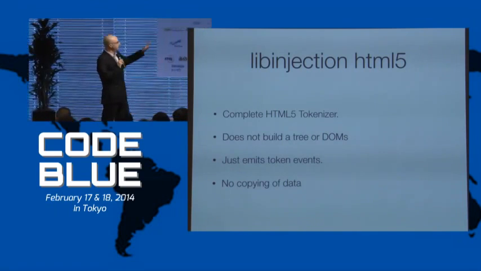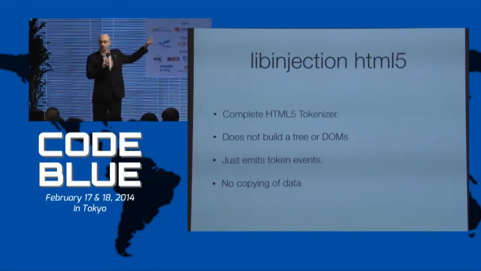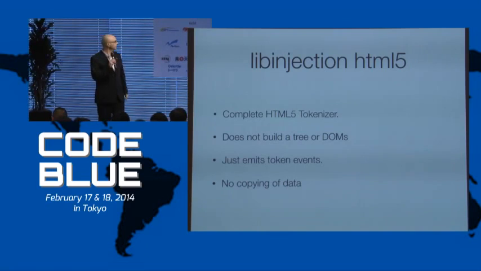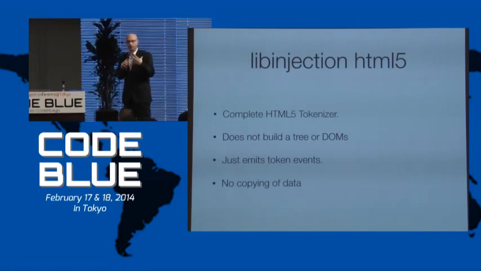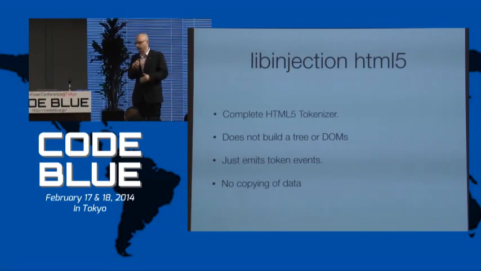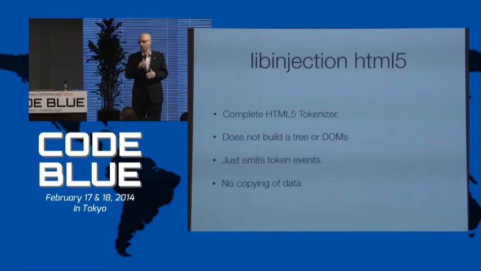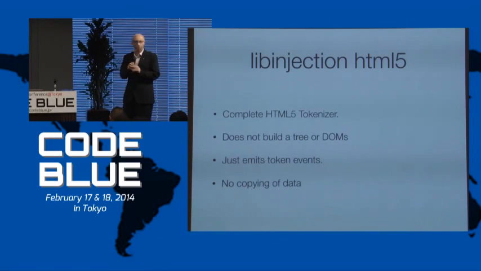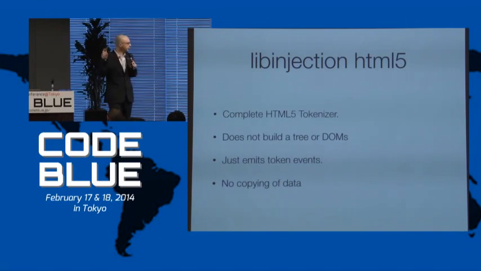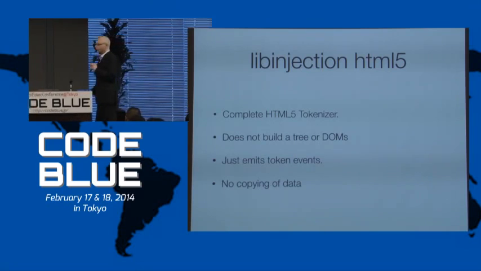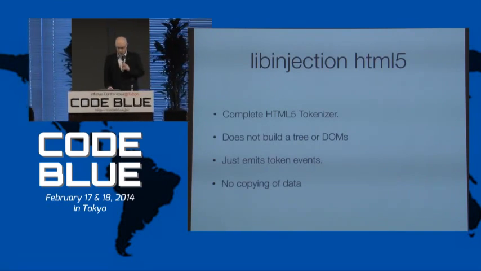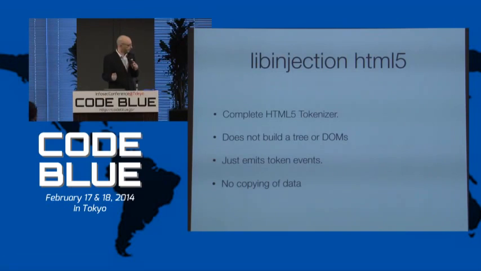Libinjection has a complete HTML5 tokenizer. Unlike a browser, it does not try to build a tree or a DOM or anything like that. It just tries to emit token events, and I'll show what that is in a moment. Also, no copying of data, very, very fast.